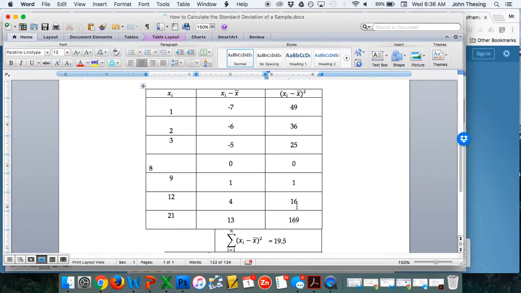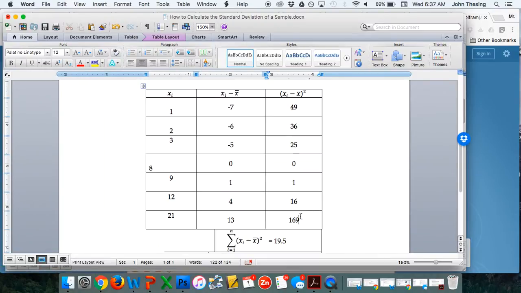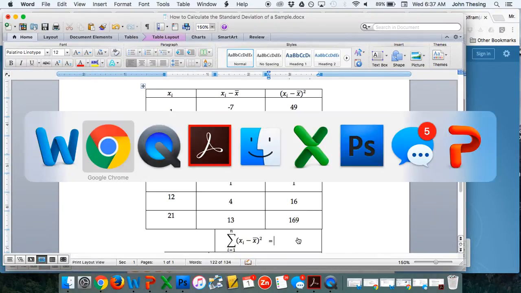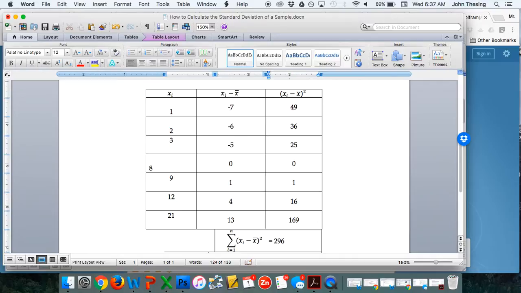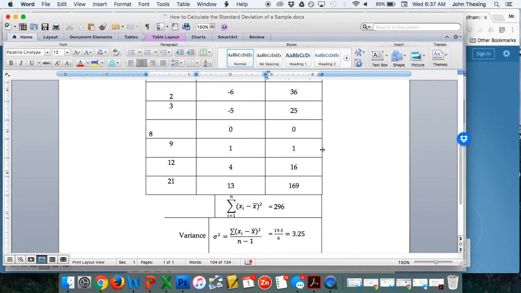Let's see, this would be 185, 186, 211, 247, 296. Okay, cool, yep. So if you take all these guys and add them up, you'll get 296. If you take this column here, add it up, you'll get 296.